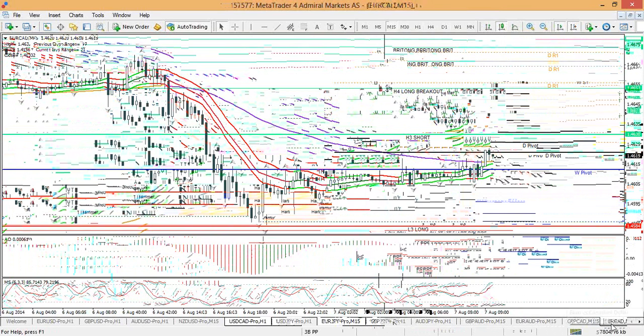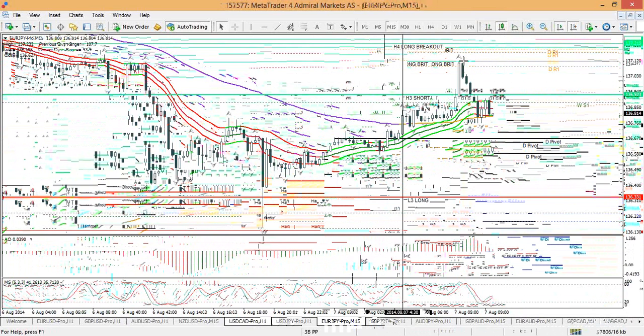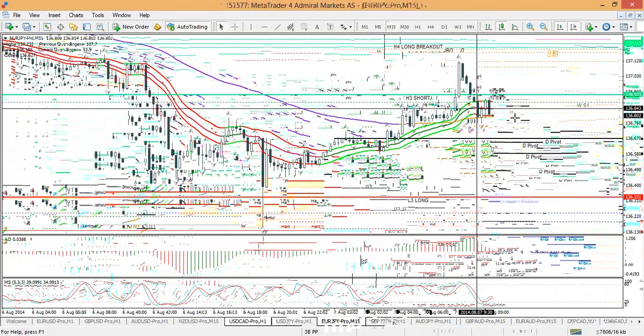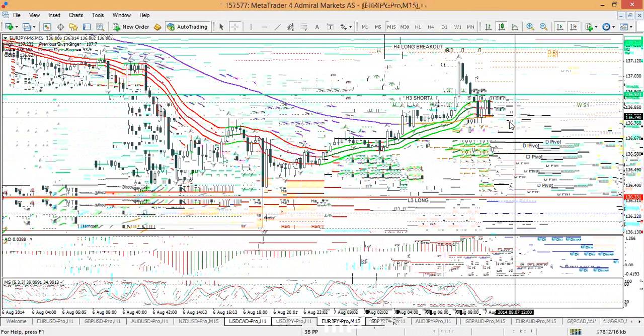So if I look at the hourlies on various pairs, it makes me a bit doubtful about this euro yen. I might actually close it now just for 8 pips. All right.